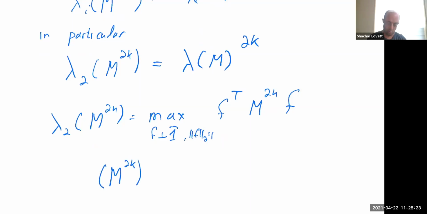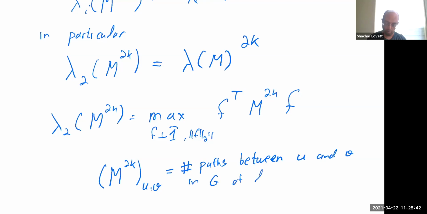So if I look on this matrix between two nodes, U and V, its value is exactly going to be the number of paths between U and V in the graph of length 2K.